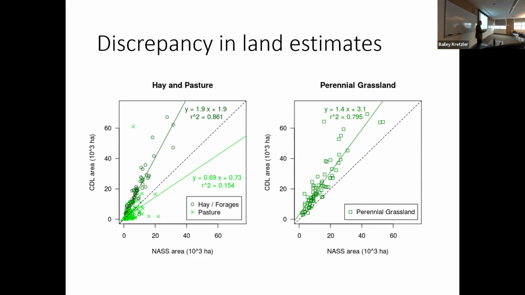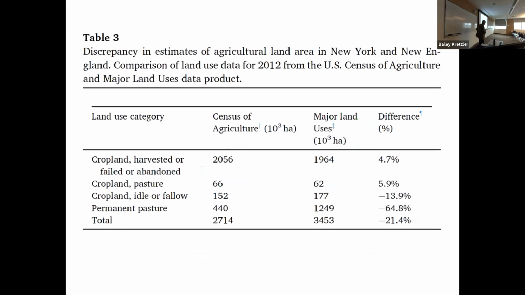We wanted to know, was this real? Because we've got 2 different methods. Is this just error introduced by the methods, or does it corroborate the story? We were able to corroborate. What we did, we compared 2 different land use data sets. The Census of Agriculture, which is what we saw on the previous slide, and another data source, the major land uses data, which are compiled by the Economic Research Service.